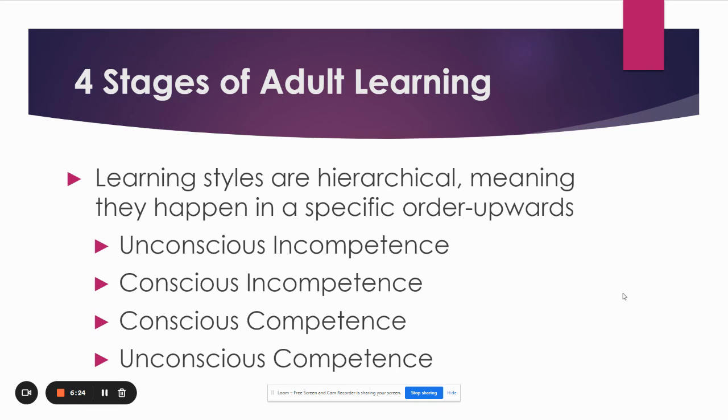Before we do that, if you understand what it means to be conscious, that's when you are aware, awake, alert. If you understand what it means to be competent, that means you know something. And then all you have to understand is what un and in usually mean as prefixes. They usually mean not, right?